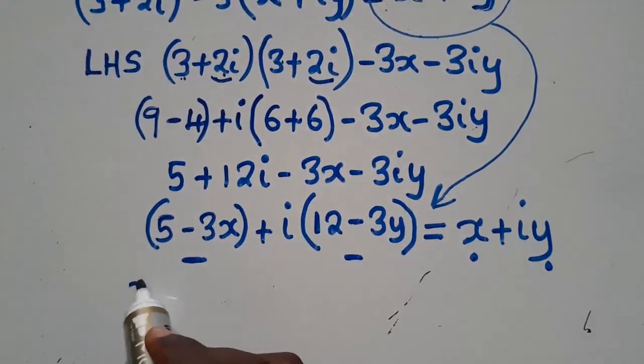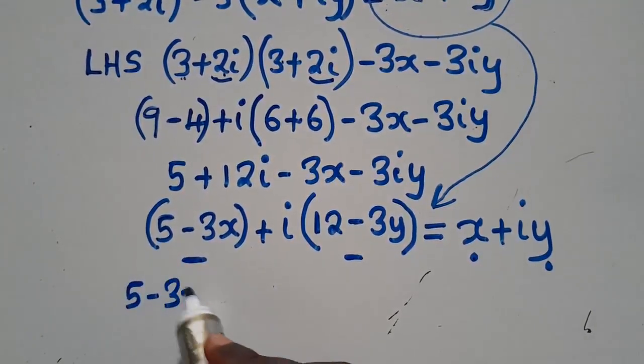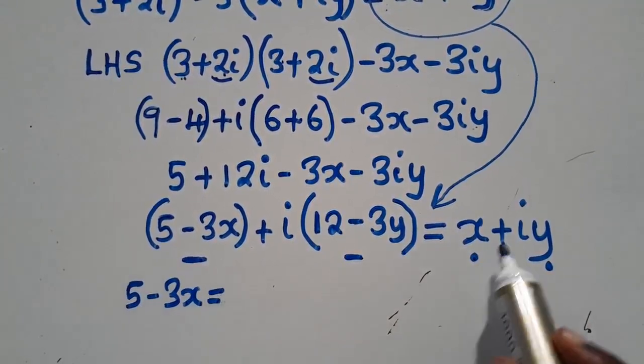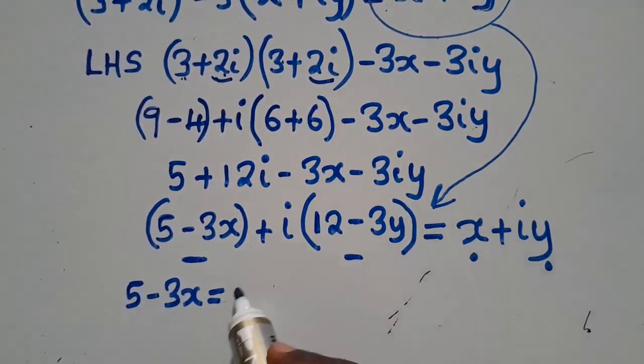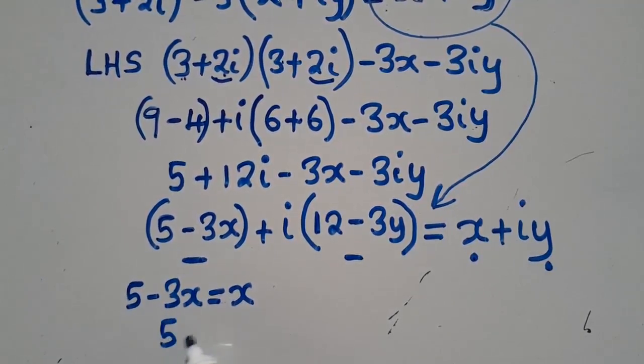So you say this is 5 minus 3x is equivalent to what? The real part is x, like this. Have you seen? So you are going to have 5 is equal to x, and the negative 3x, when it goes this side, becomes plus 3x. So x plus 3x, you get 4x.